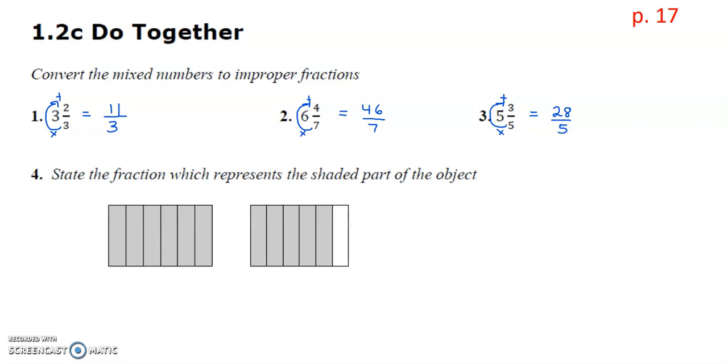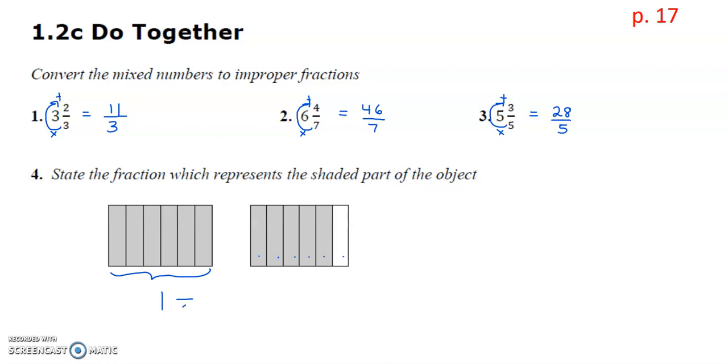For number 4, it's a little bit different. It says state the fraction which represents the shaded part of the object. Okay, well what we have here is we've got one whole, right? We can see one whole thing is shaded. So that's 1, and then let's set up our fraction for the second one. 1, 2, 3, 4, 5, 6.